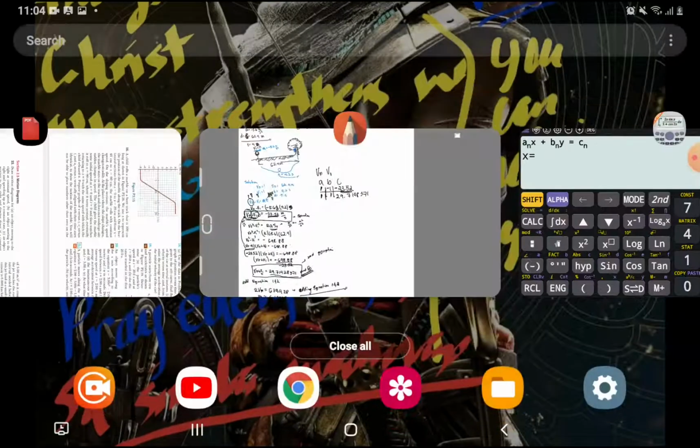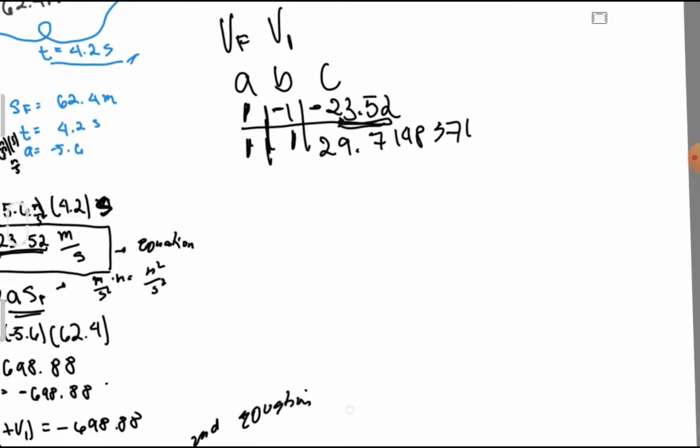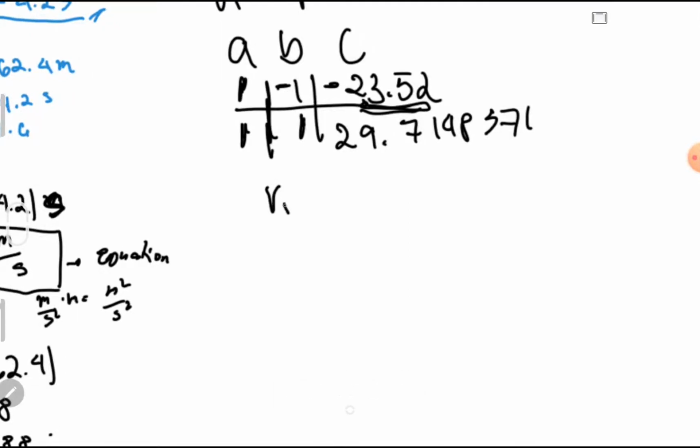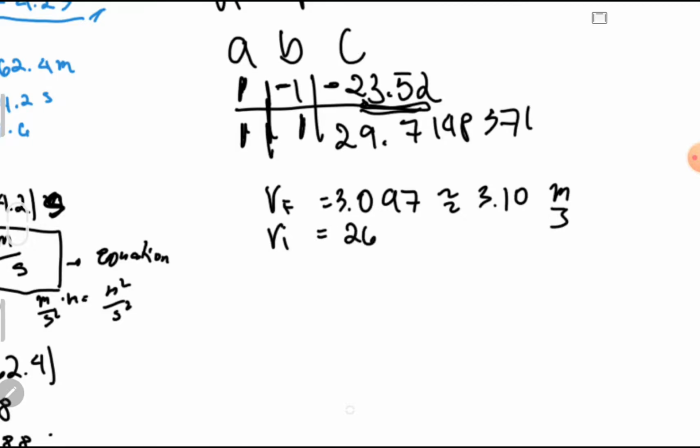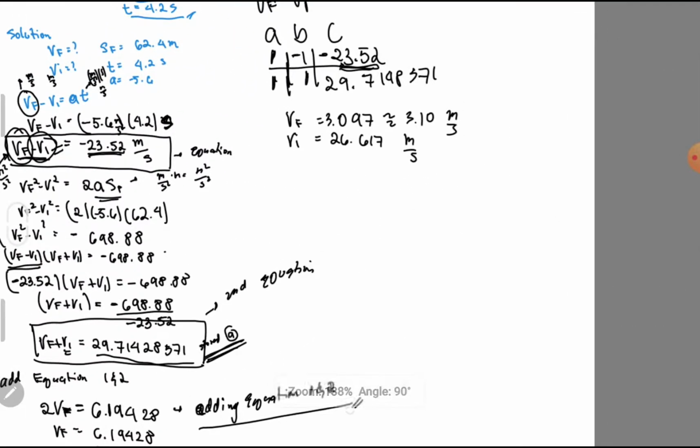So, let's go back to the board, our report. So, based on our equations, our VF is equal to 3.097 or approximately equal to 3.10 meters per second, and then yung VI natin is equal to 26.617 meters per second. Okay? Nag-decelerate siya. Bakit?